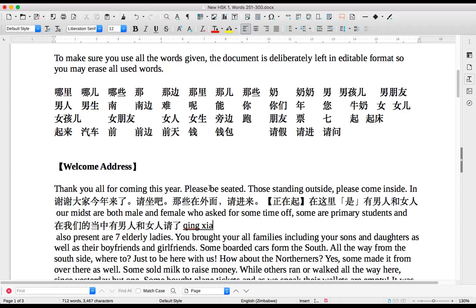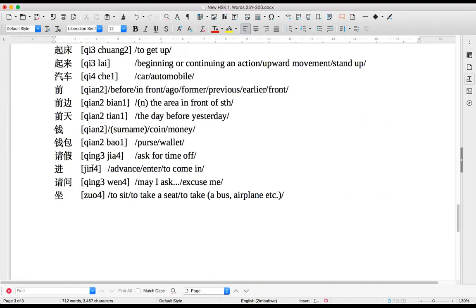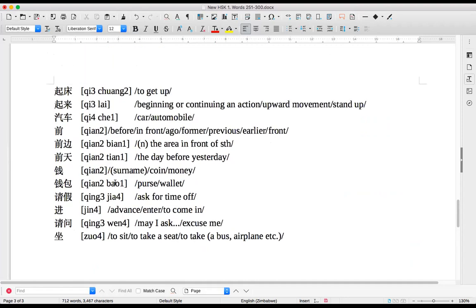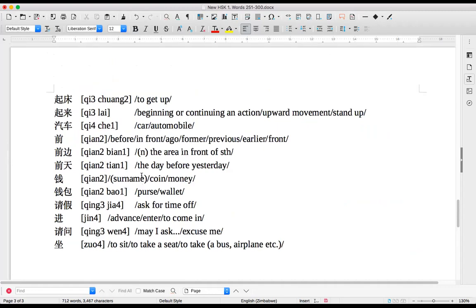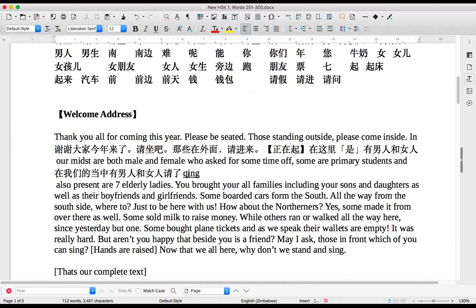Is it 请下 or 乡下? 请乡下 or 请下? Okay, let me see. This one is 请假. 请假. Ah, there it is. Ah, 请假. Okay. I used a completely different one. So yeah, I think what we would do with this one, because I really had a brain freeze on this one.